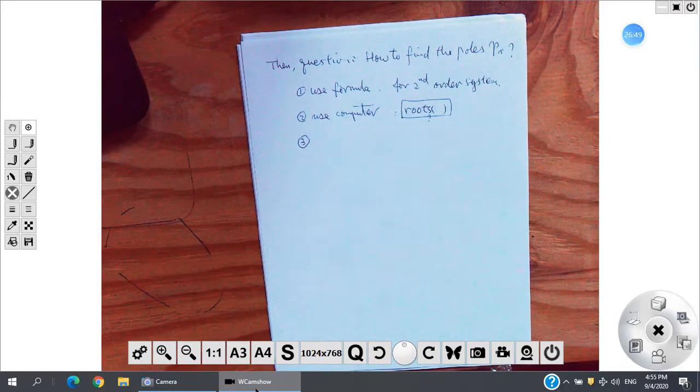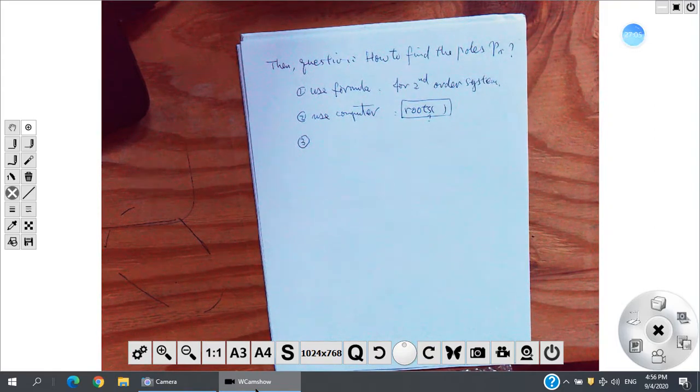This one, we do not need to solve the equation. We only need to do some kind of calculation. Then we can determine, do we have poles in the right side?